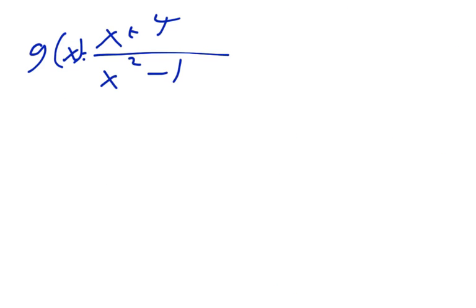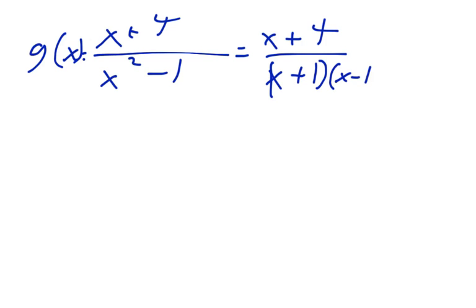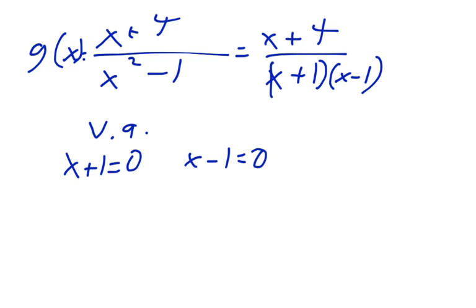For the next problem, we have this. And I'm going to factor the bottom to be x plus 1, x minus 1. And since nothing matches, for my vertical asymptote, I got x plus 1 equals 0, and x minus 1 equals 0. Subtract 1, add 1.